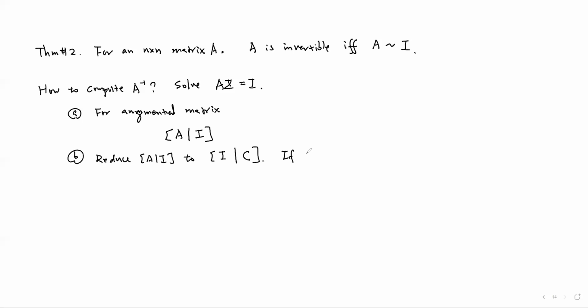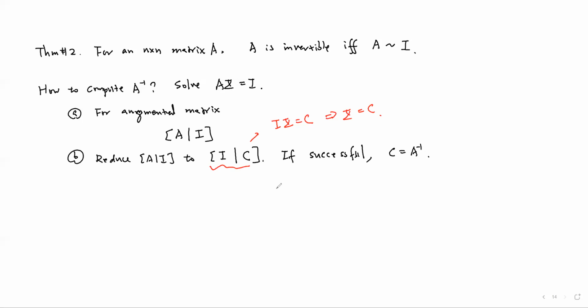If successful, it may not be successful, but if successful, then C is A inverse, because this augmented matrix actually is this equation. So this is X, the solution is C. So C is A inverse.